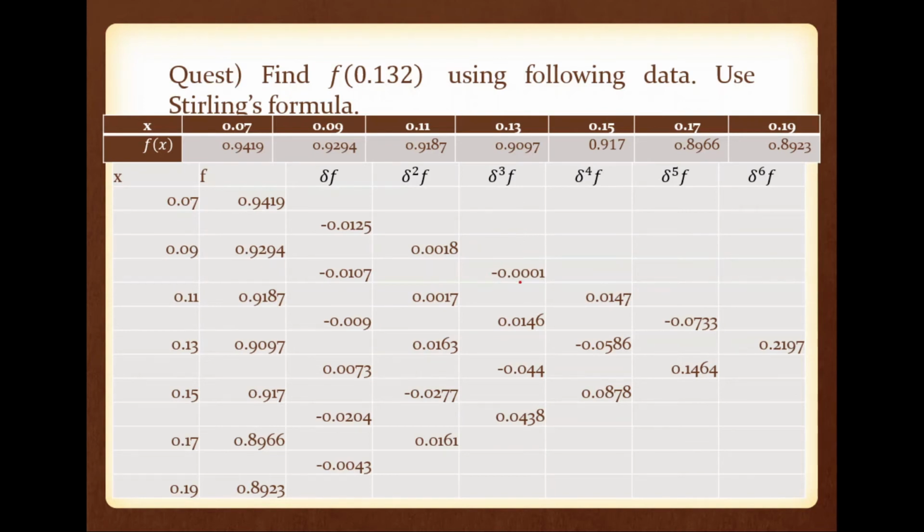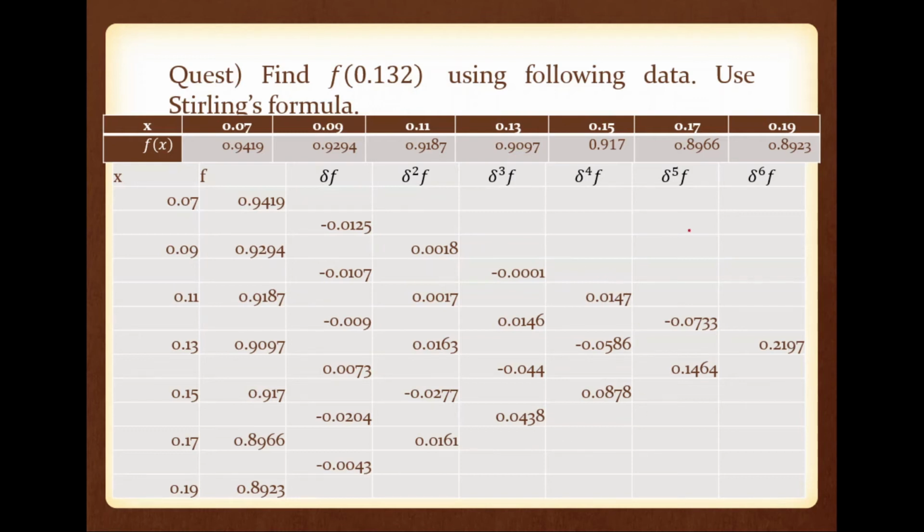Using this data, we find the fourth order central difference. That is 0.0146 minus minus 0.0001, which is 0.0147. Minus 0.044 minus 0.0146 is minus 0.0586. 0.0438 minus minus 0.044 is 0.0878. So this is the fourth order central difference.